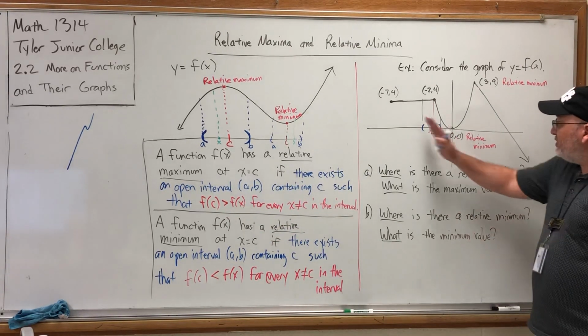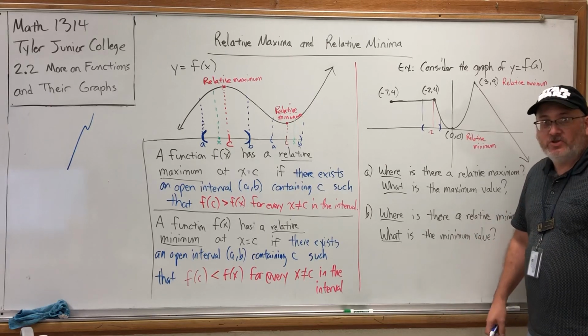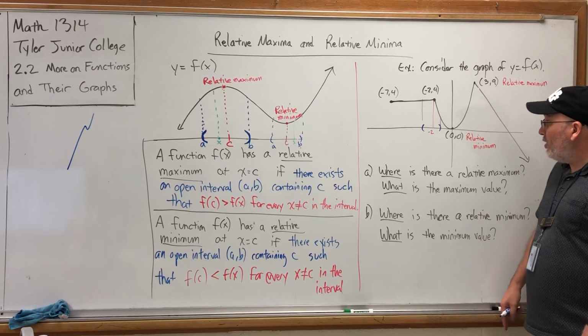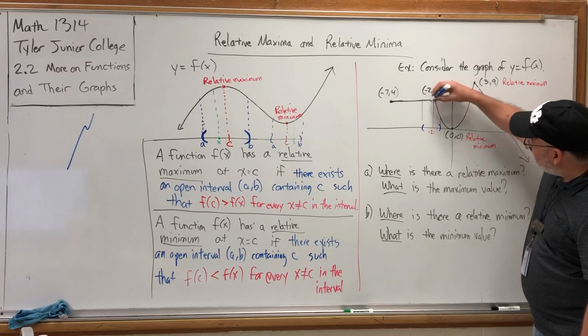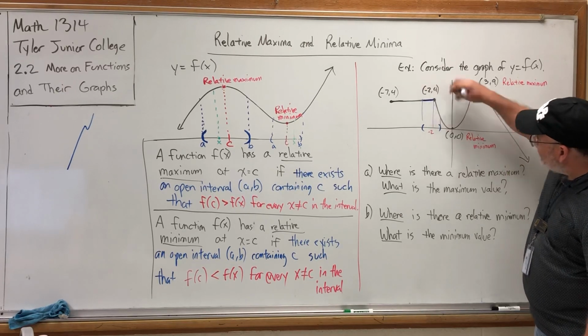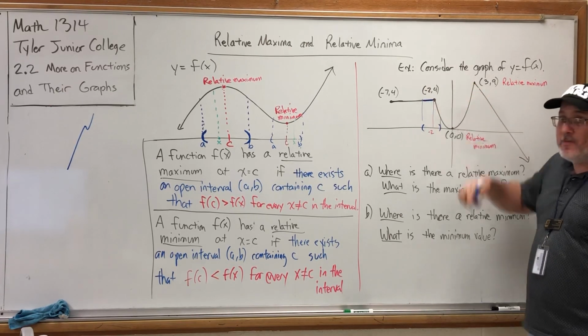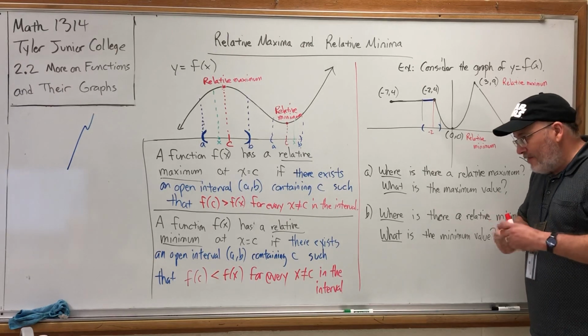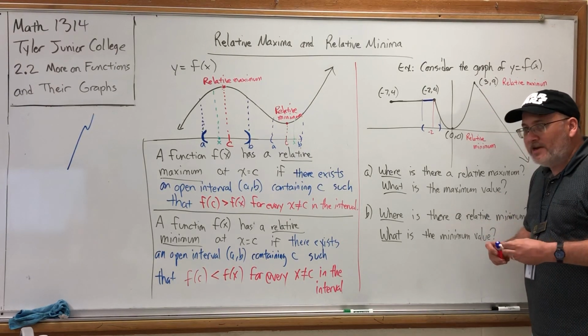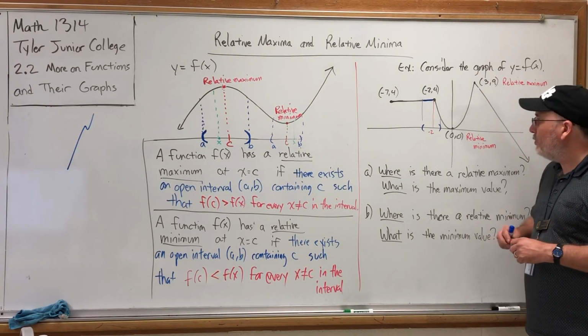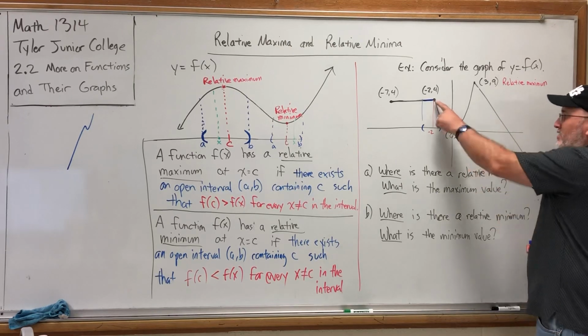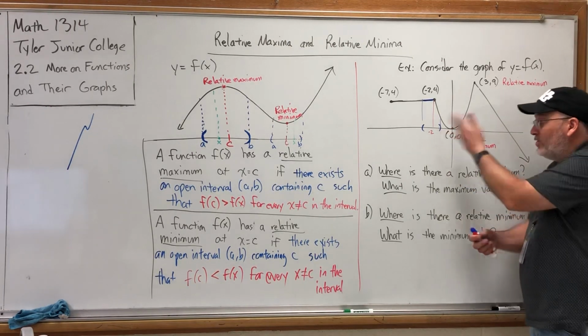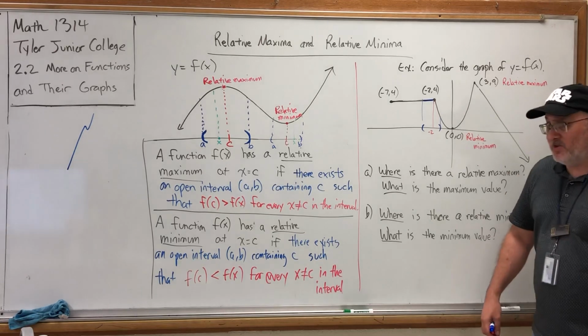Are there points in this interval where the y-coordinates are the same or greater than this one? Yeah, all of these. So in other words, if you call him a maximum, you have to call everybody a maximum. But everybody has to be lower than me in an interval if I am a maximum. So no, he's not a maximum. He's higher than the guys on his right, but he's not higher than the guys on his left.